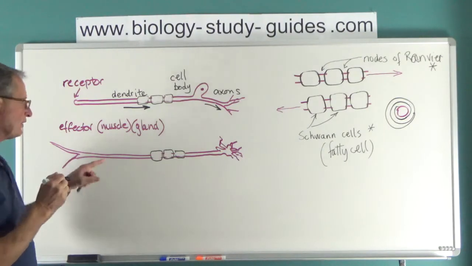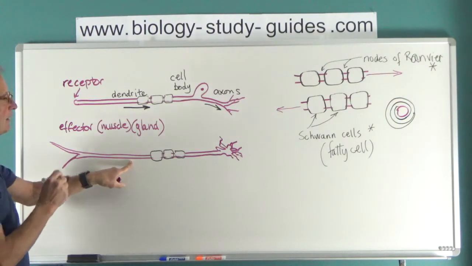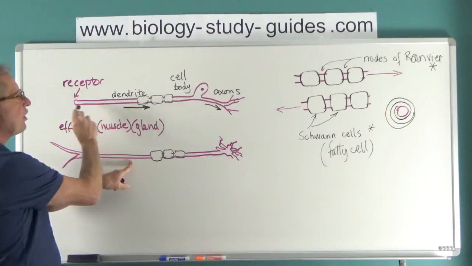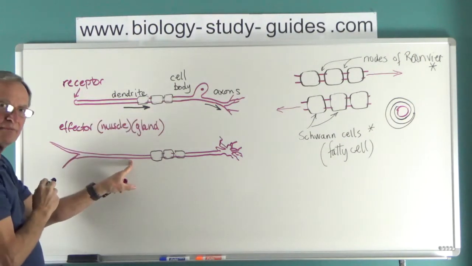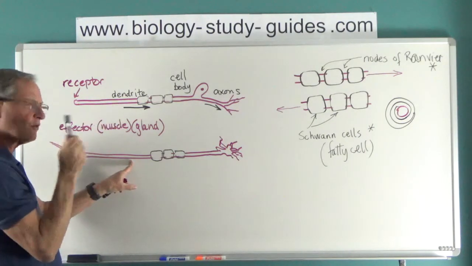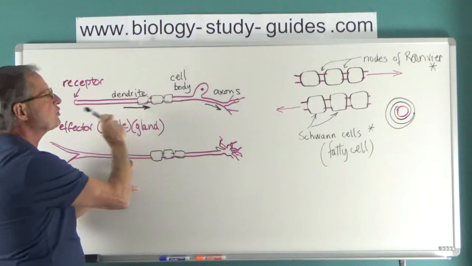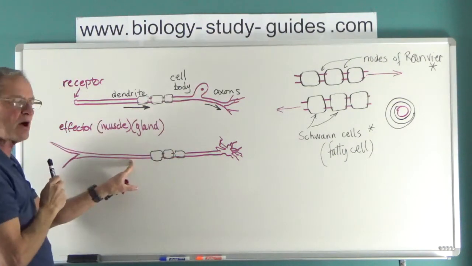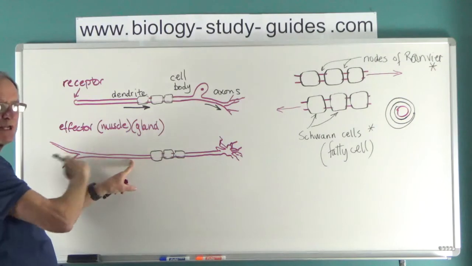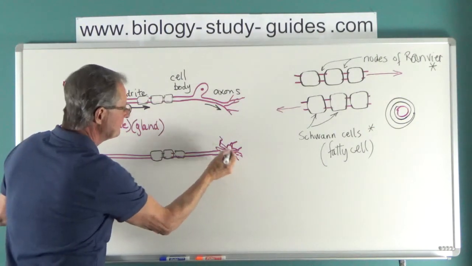Now think about it. What's this part of the nerve cell called? In this one, the long part was called a dendrite. Dendrites, as I said, are the ones that conduct impulses from a receptor towards the nerve cell body. In this case, there's no receptor. We do have a nerve cell body here.